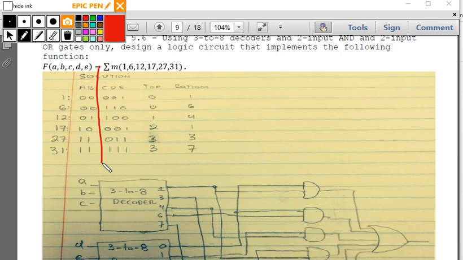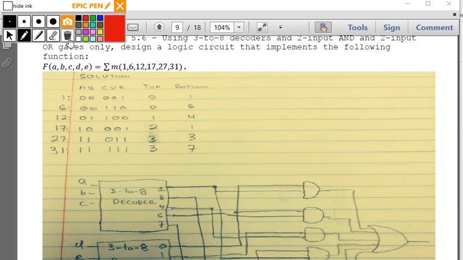So now what happens is 1, 3, 4, 6, and 7. I see which ones here. 1, 6, 4, 1, 3, and 7, right? Are the bottom values 1, 6, 4, 1, 3, and 7. So I don't need the other values. So I will get those outputs. And here I see 0, 1, 2, and 3. So then I just use OR gates to determine which ones I want.